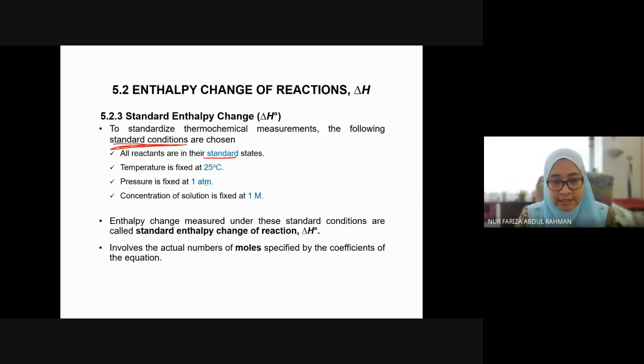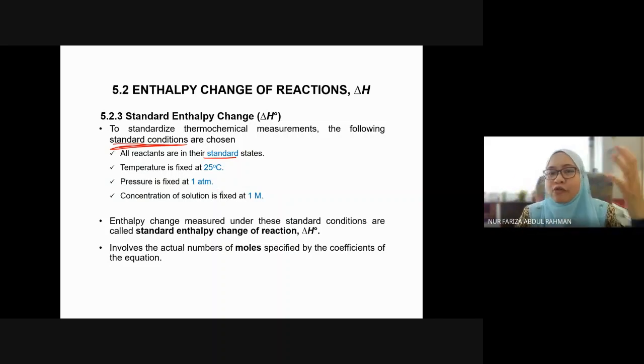Okay, by nature. Like for example, H2O by nature dia adalah liquid. Oxygen O2, dia dalam keadaan molecular and then in gas state. NH3, ammonia gas, is in gas state, not in liquid state. Maksudnya by nature dia exist dalam keadaan itu. So that is what we call standard state.